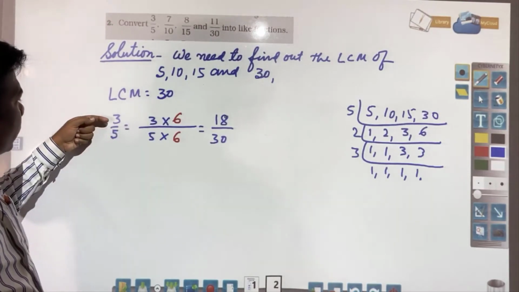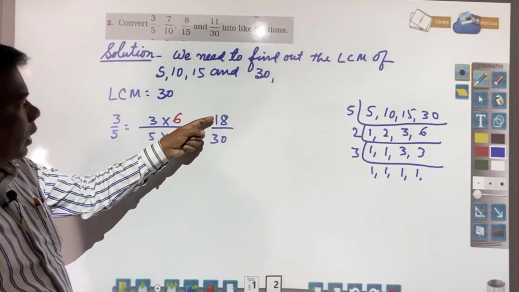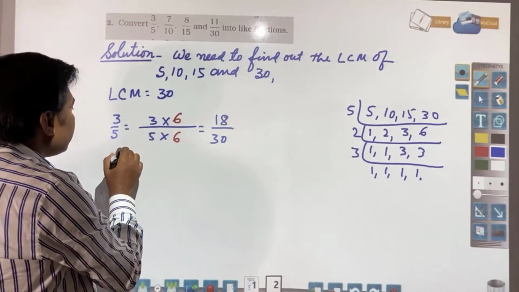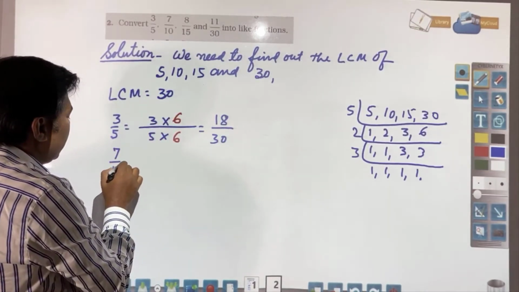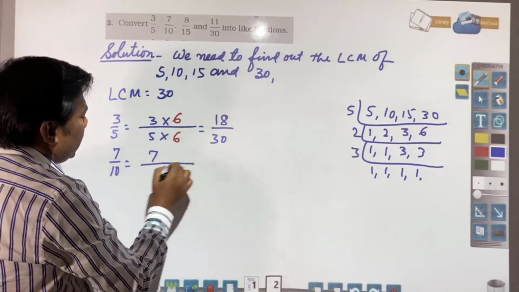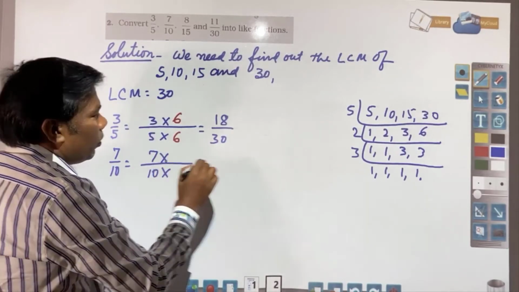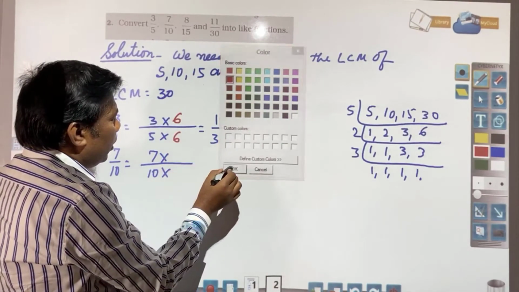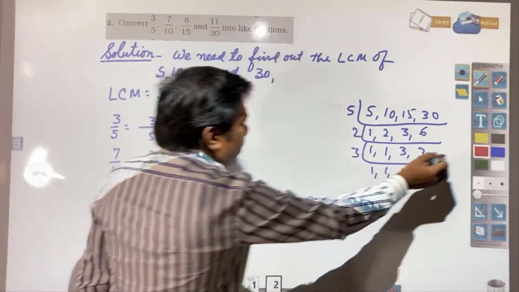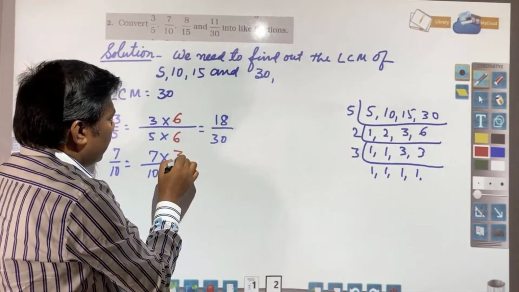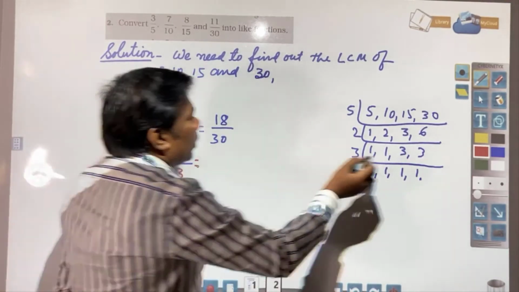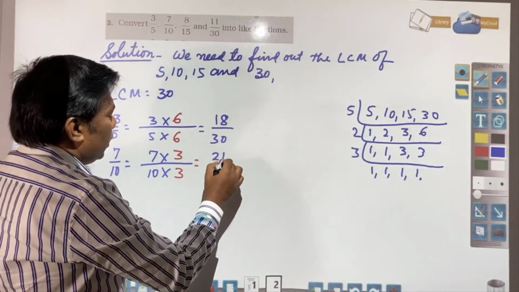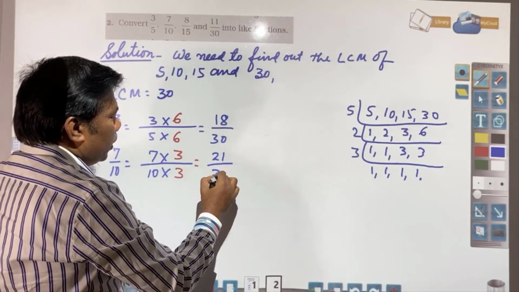So for the first fraction 3 by 5 you have got 18 by 30. Second fraction you see, 7 by 10 you have. So this will be 7 by 10 into what number will be required to be multiplied? Here you will get 3. So this will become 7 3s are 21, divided by 30.